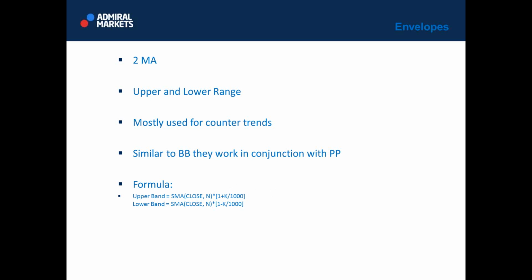And I have found that EMAs have a lot more usage for scalping than SMA, especially if you scalp on the 5-minute time frame, which I do from time to time, not always.